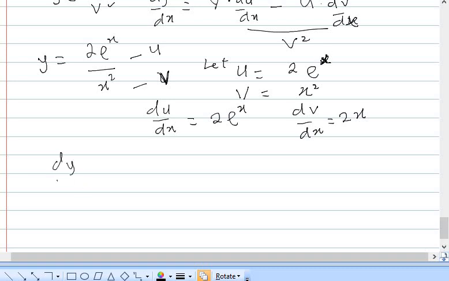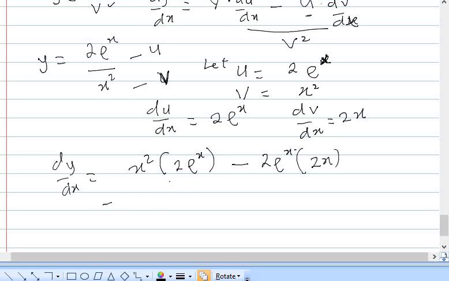So dy by dx is equal to, the first is v. You have to take v. Our v is x squared, and then the derivative of u, that's du by dx, is 2 exponential of x, and then minus u, this u should just be taken, and u is given as 2 exponential of x, then multiplied by dv by dx, and dv by dx is 2x, so we can substitute.